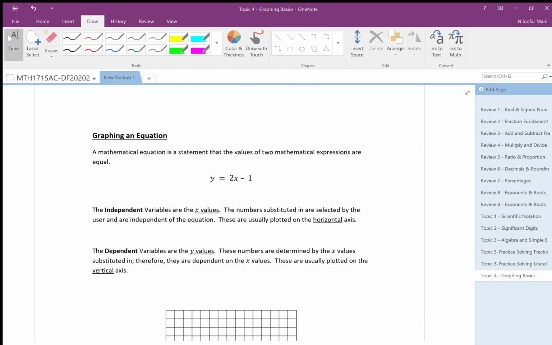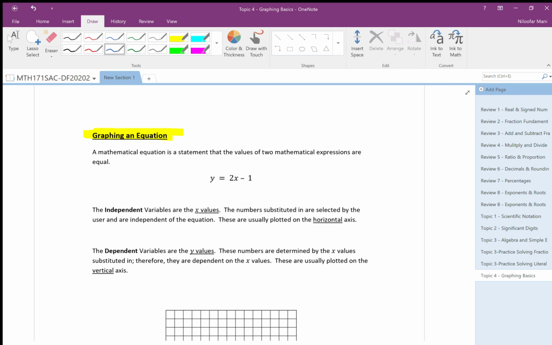Now, I want to know if I have an equation, how can I graph it? First of all, I can say a mathematical equation is when you have two mathematical expressions that are just equal.